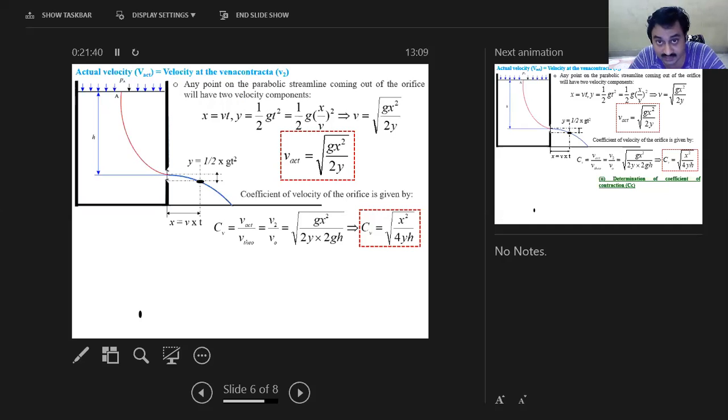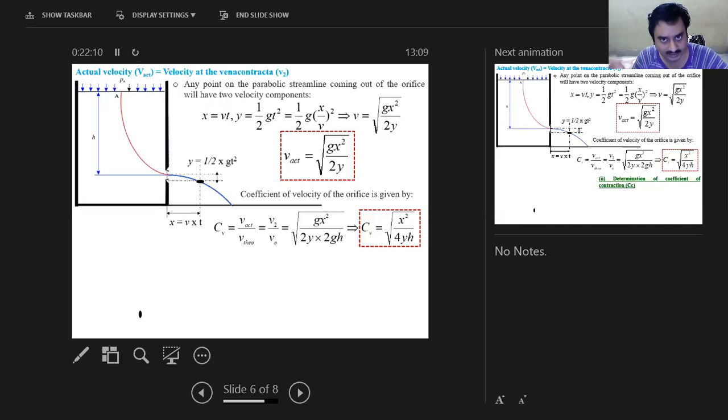To calculate this CV, I just need x, y, and h. x and y are nothing but the coordinates of a point on the streamline which is coming out of the orifice. This x and y will be obtained from the experimental setup itself, and the term h is nothing but the height of the water which is maintained in the tank.